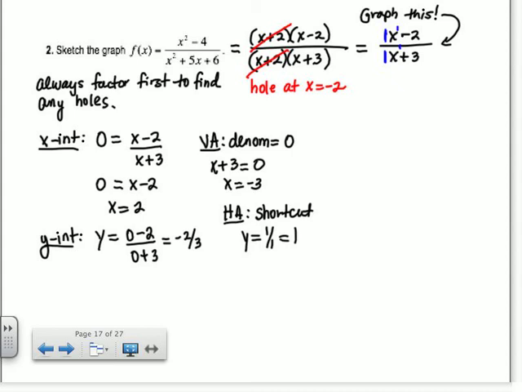All right, so we're going to put all this together. At negative 3, I have a vertical asymptote, so a dotted line that I'm not going to cross. At y equals 1, I have a horizontal asymptote. That one I don't cross on the ends, but you could sometimes cross in the middle on these. I have a y-intercept of negative 2/3.